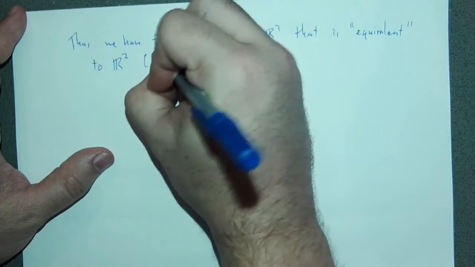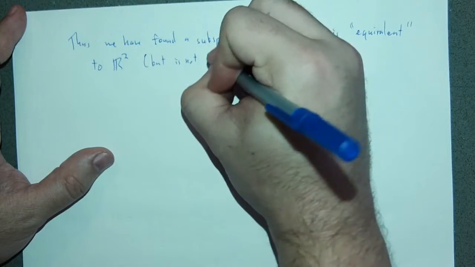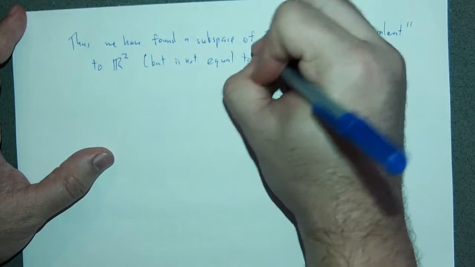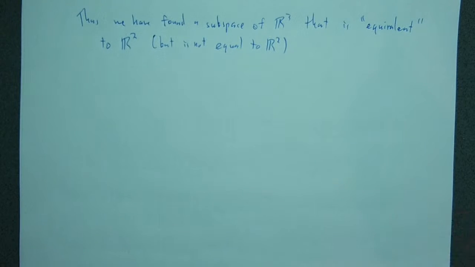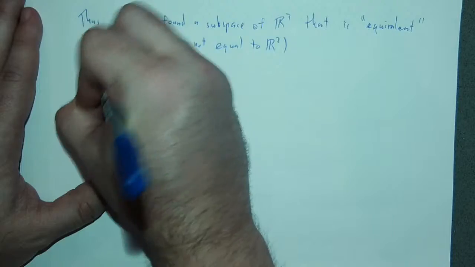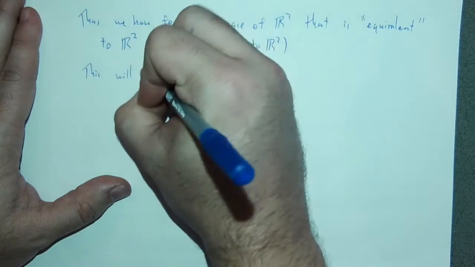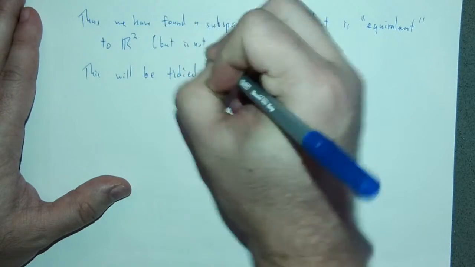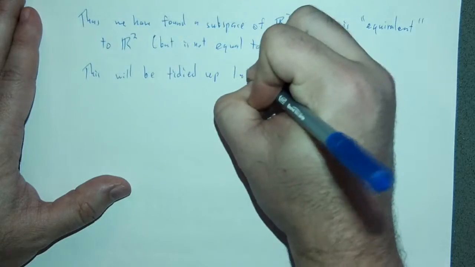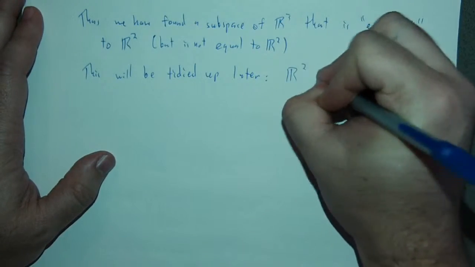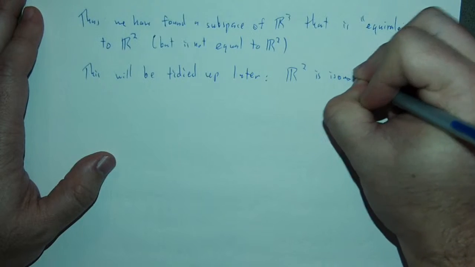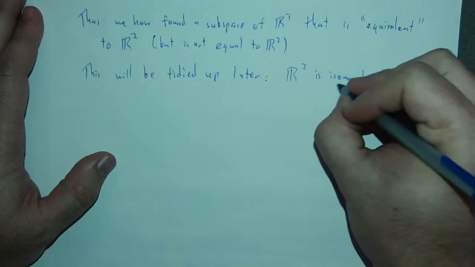But notice, it is not equal to R2, because R2 only contains vectors with 2 entries. This will be tidied up later. So R2 is isomorphic to H.